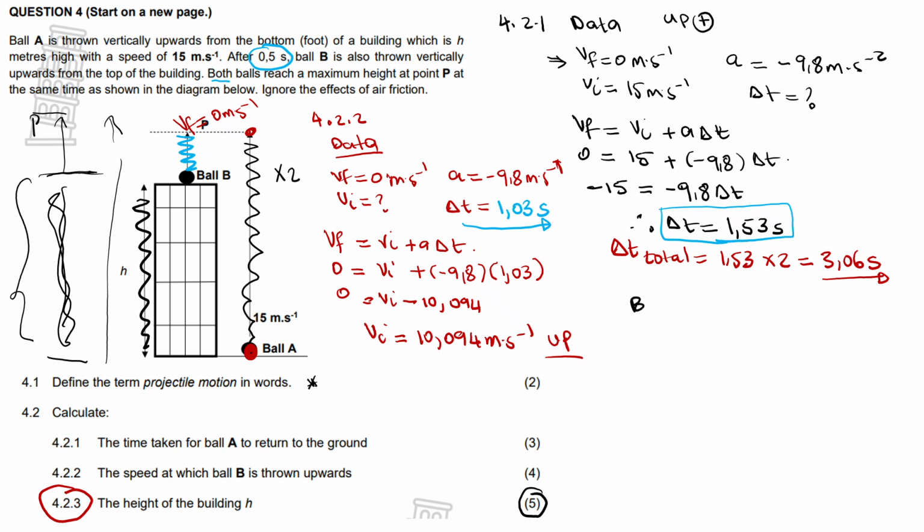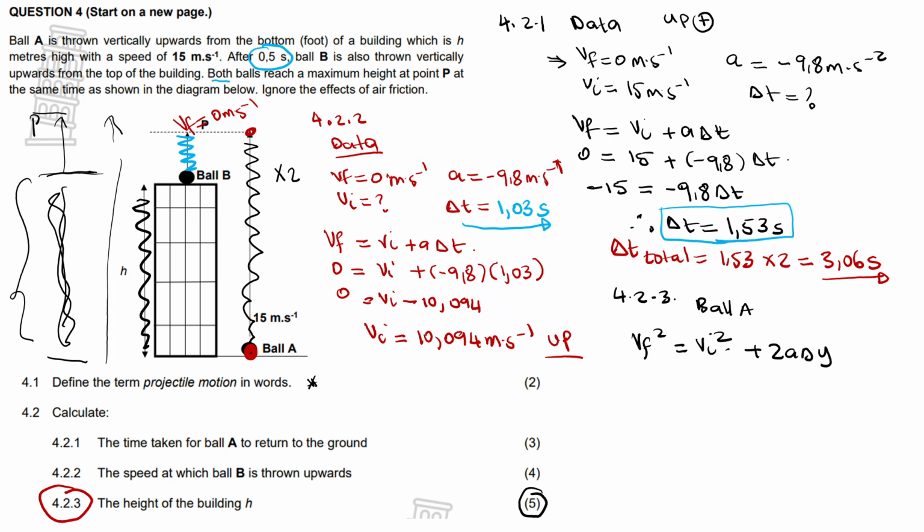So for 4.2.3, let's find the height traveled by ball A. So we need to use the formula that has delta y. So this is V squared equals V initial squared plus 2a delta y.